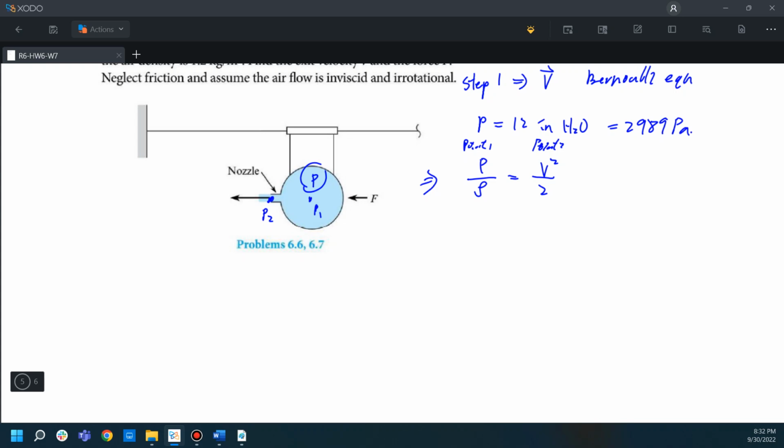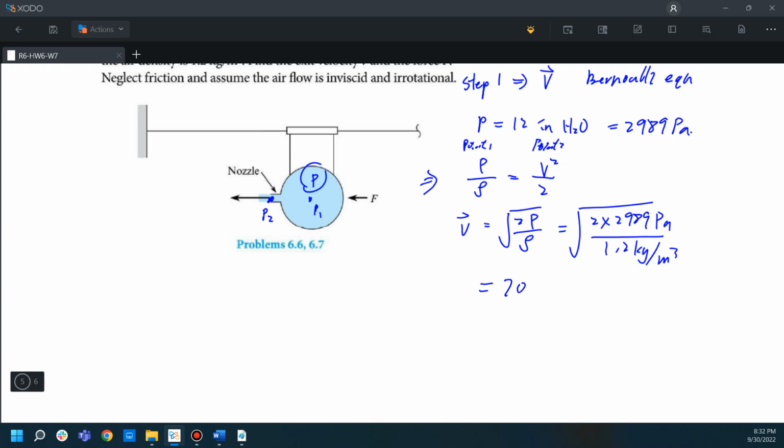After you know that, you can simply plug in all those values. First isolate the velocity V, and this will equal the square root of 2P divided by rho, and that is 2 times 2989 Pa divided by 1.2 kilograms per cubic meter. Then you use a calculator and you will get the value 70.6 meters per second.